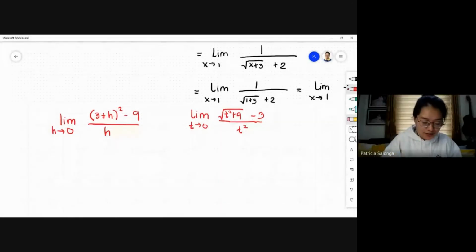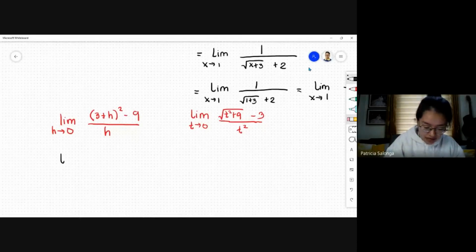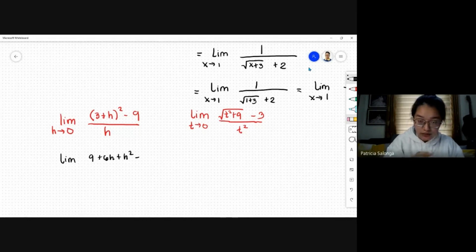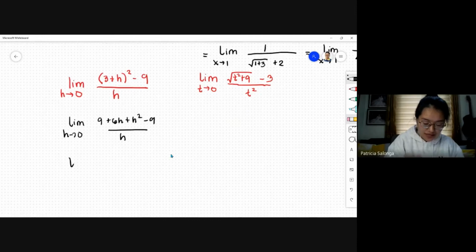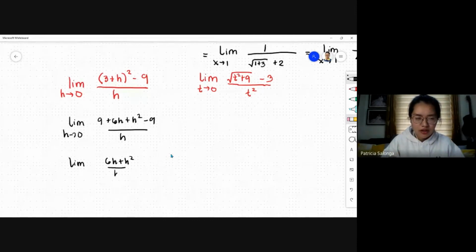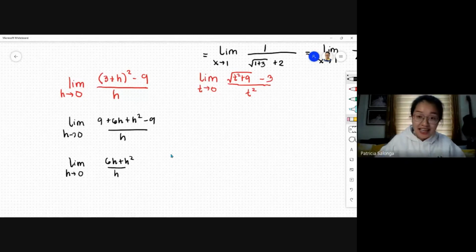First, sir, we expand (3 plus h) squared. After that, we have 9 plus 6h plus h squared minus 9. So we cancel the 9. We are left with h squared plus 6h over h. Then we can cancel h by factoring the common term.